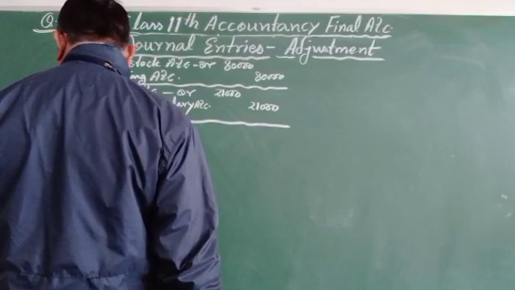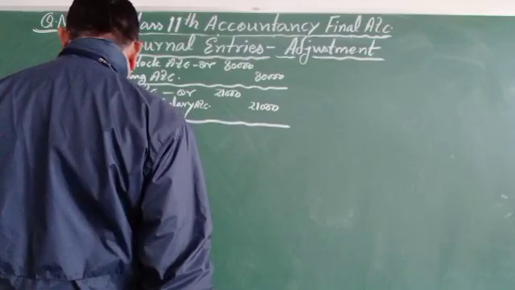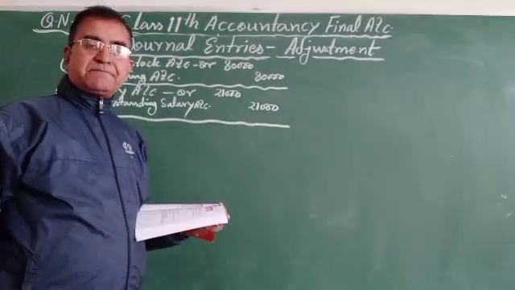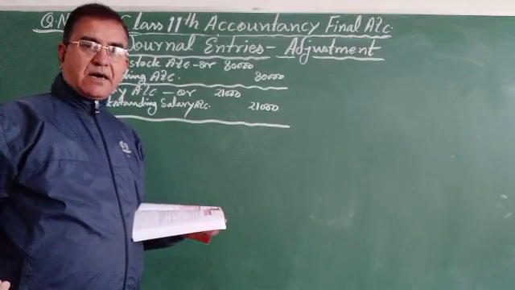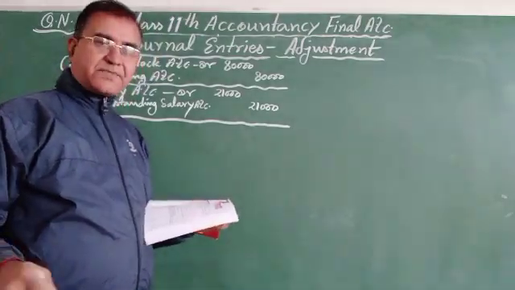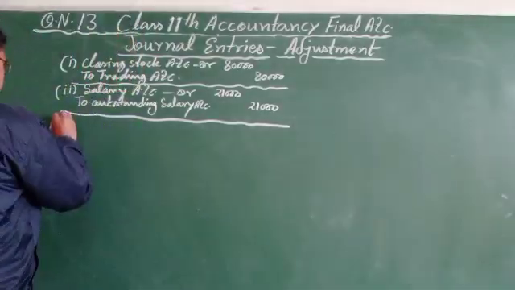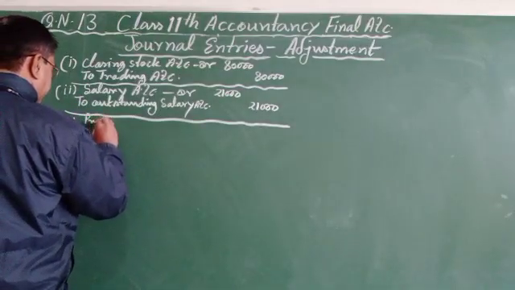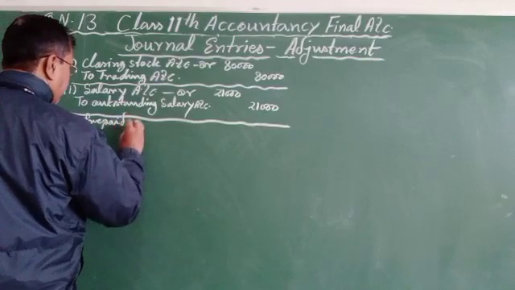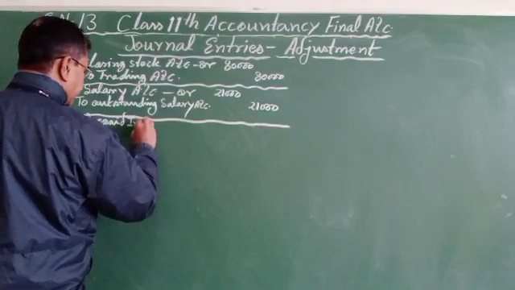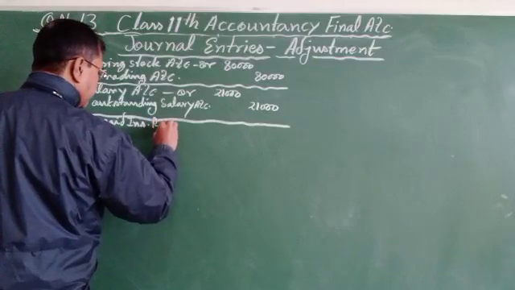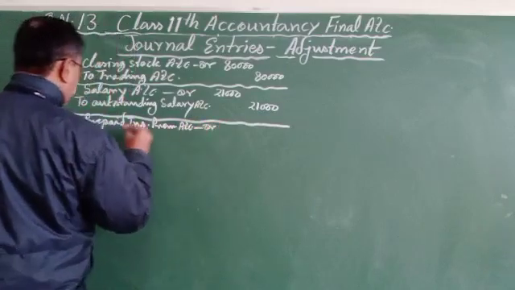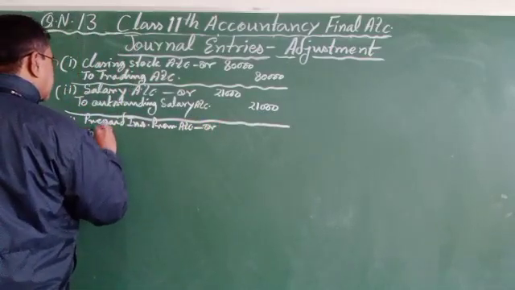Then the third information: insurance premium amounting to rupees 10,000 is paid in advance. That is the prepaid expense. Because of that, GST is exempted on the insurance premium. So prepaid insurance premium account debit to insurance premium.